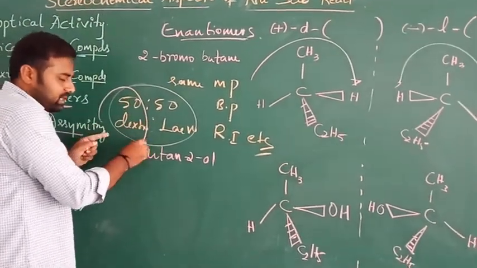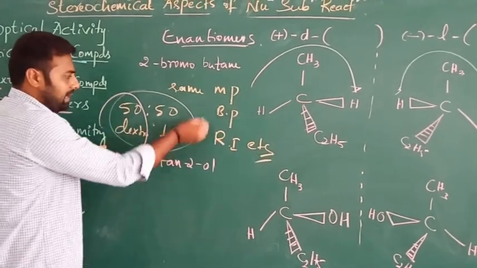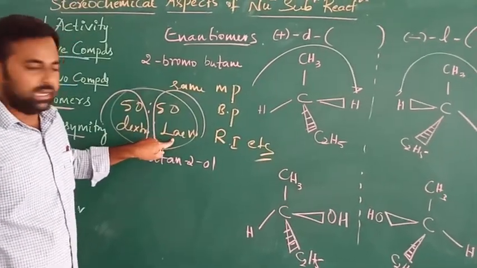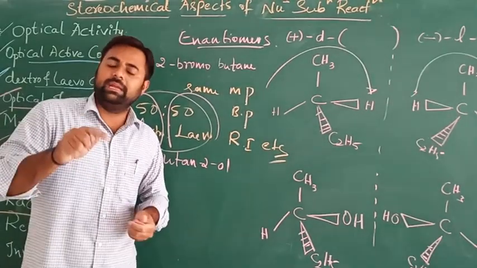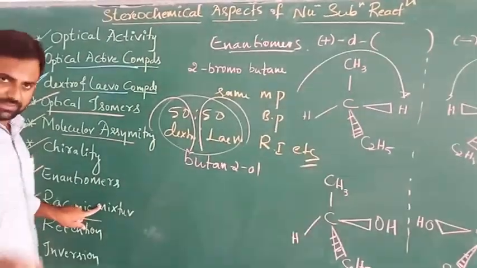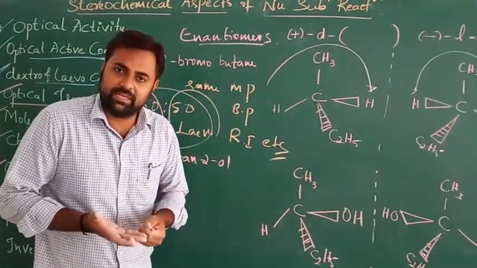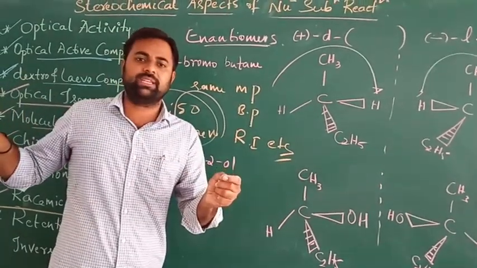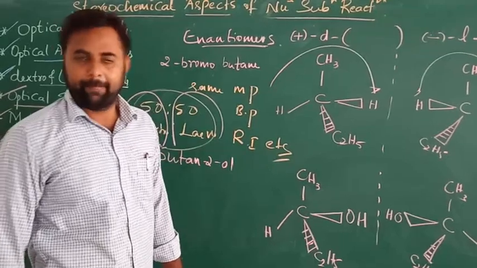So that's why a racemic mixture is optically inactive. So that is the racemic mixture. And next, what is racemization? Racemization is the process of conversion of enantiomers into a racemic mixture.